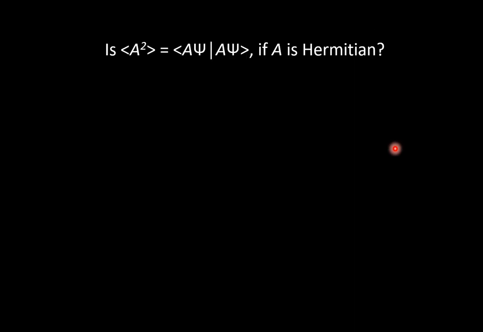The next one is the A square average. It's not really an average of A square, okay, you can call it average. Is it equal to ⟨Aψ|Aψ⟩ if A is Hermitian? Yes. Why? Because if you just apply it, A square average is ⟨ψ|A²ψ⟩ by definition.